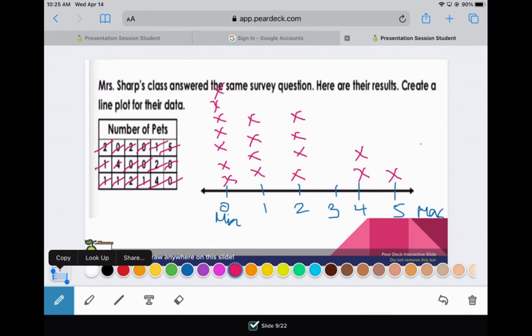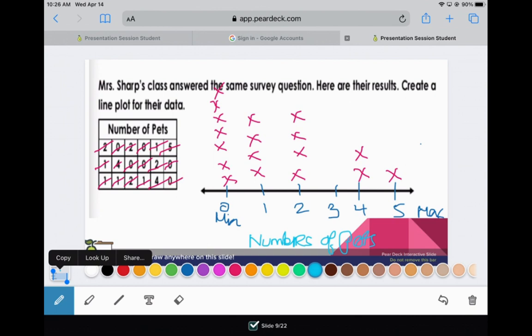In this case, this is the number of pets. Basically this is the list of numbers. Think of the frequency table that you did. What you do is you look at each category and then you count how many of those are actually occurring.